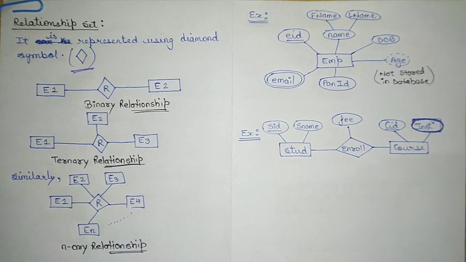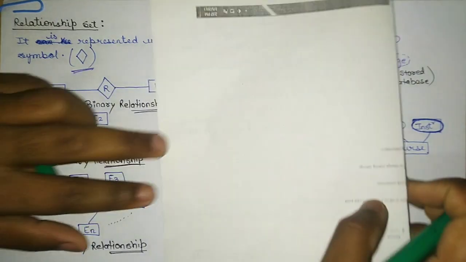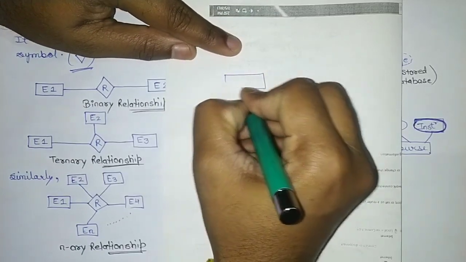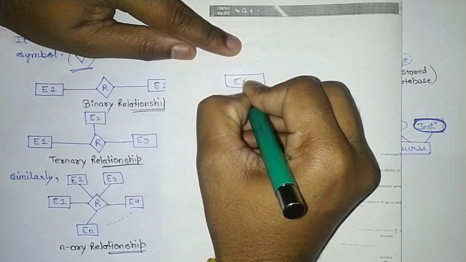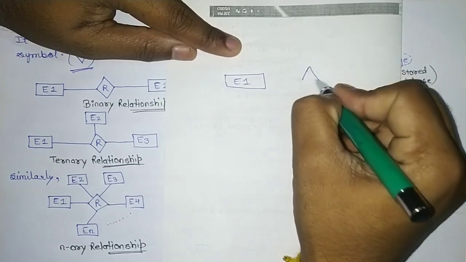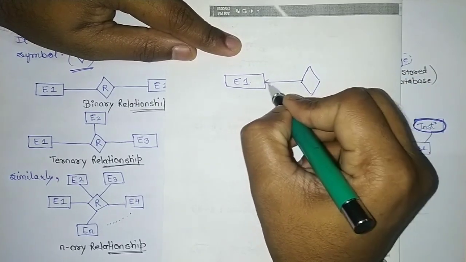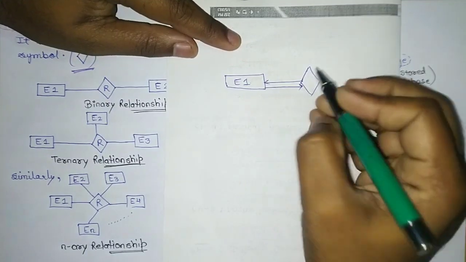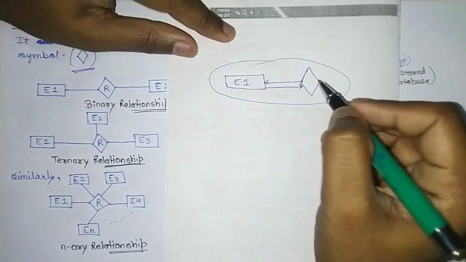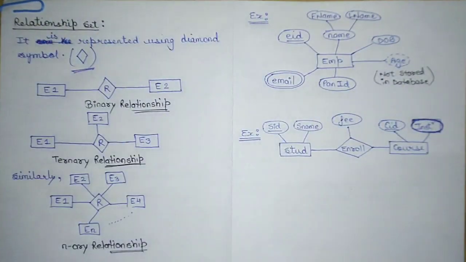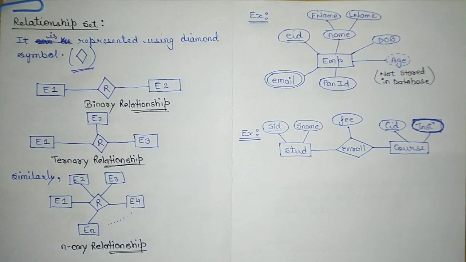So the name changes based on the number of entities. Similarly, if there is only one entity, like E1, and this entity is relating with itself, this is known as a unary relationship, right? So this is how you can identify the relationship set.